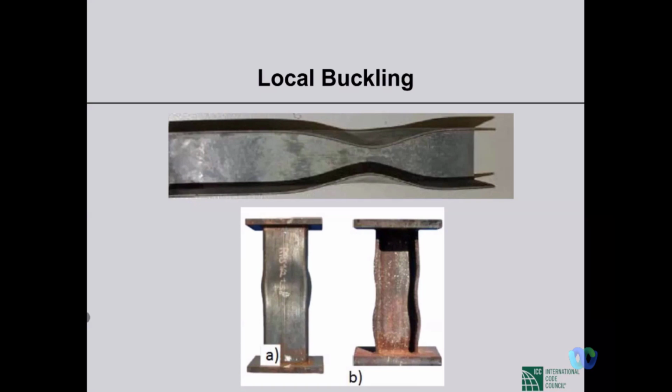So that is why we have to always be very, very careful about buckling. Now, there are different types of buckling, I'm sure that you know that. One is the column buckling, where the whole column buckles, right?